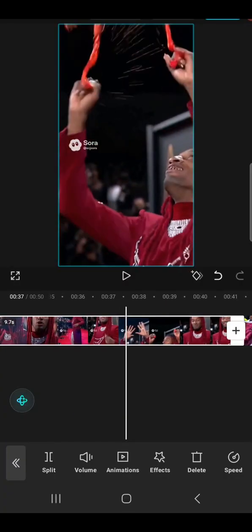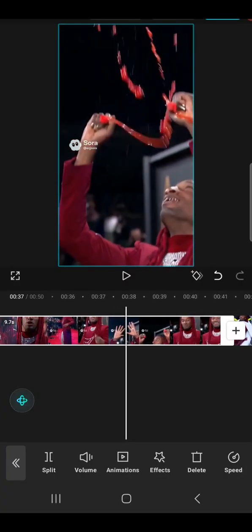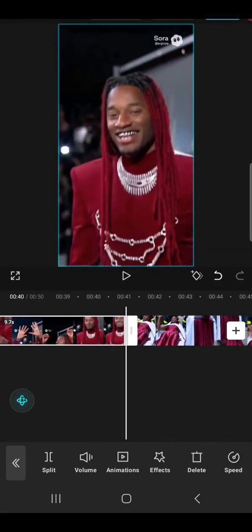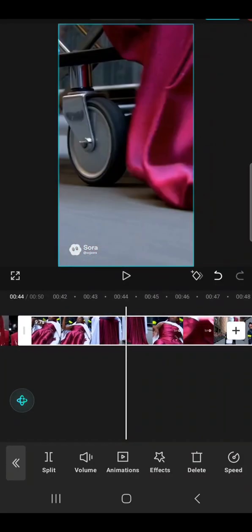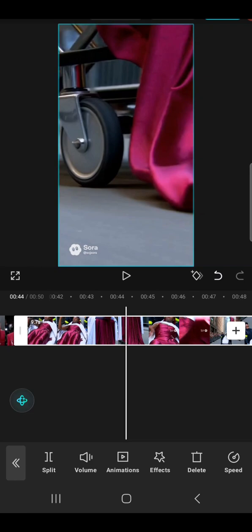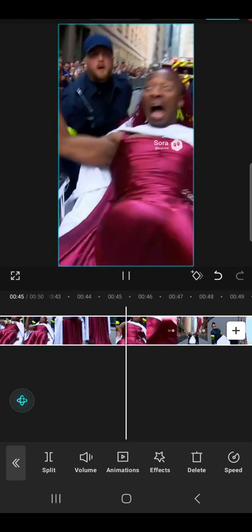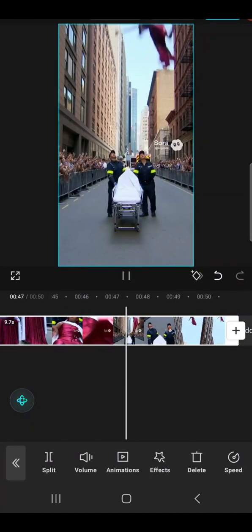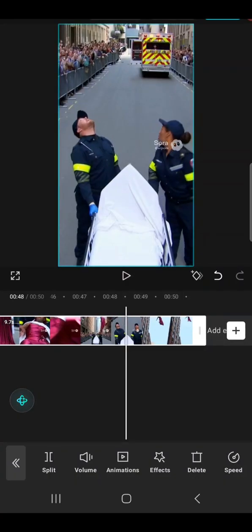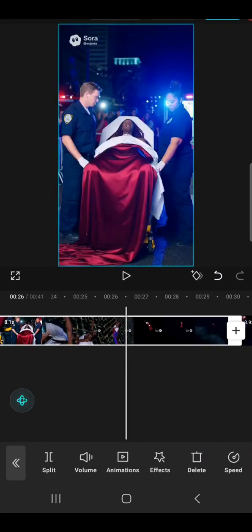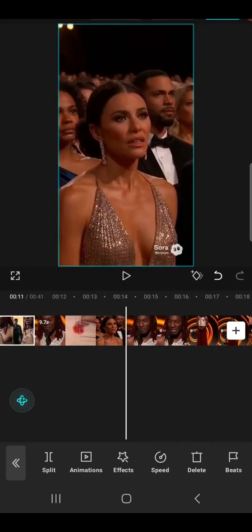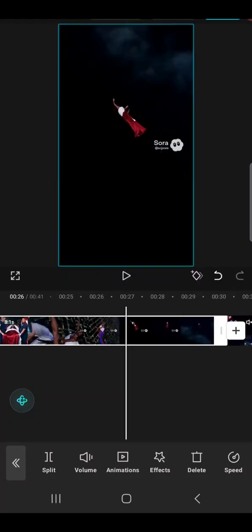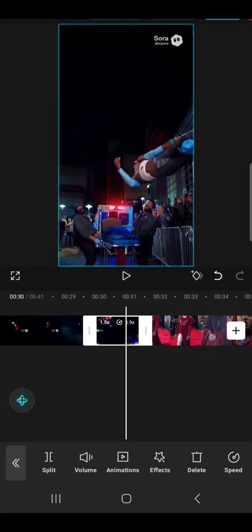Because the premise was the attachment to the nipples were supposed to pull out, and in that action I could use the ketchup as blood, because if you know about Sora, you know that Sora does not like to use blood intentionally, so you have to play around with it so that it generates.